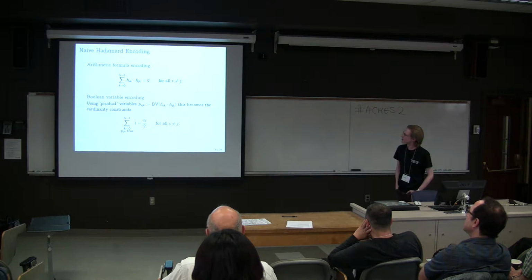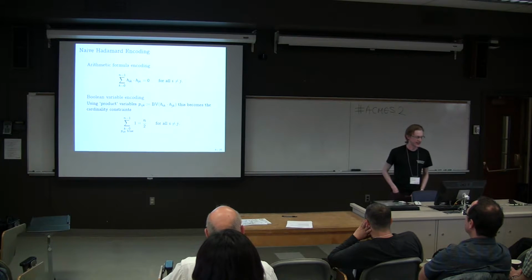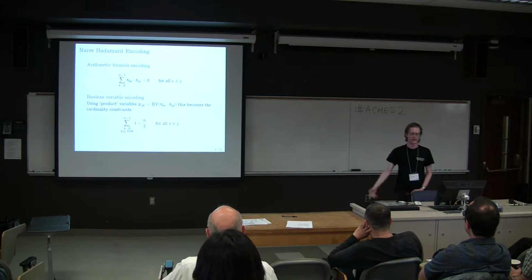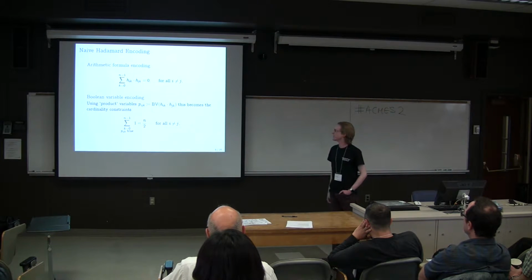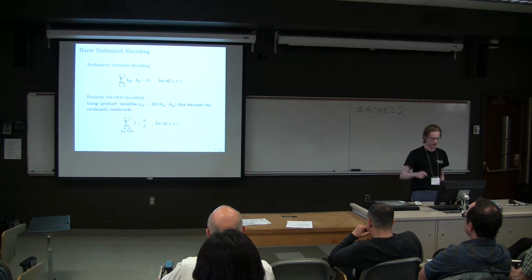We have n terms in the sum, and if they go to 0, exactly half of them are 1 and exactly half are negative 1, because they have to cancel off. So half of the Pijks are true and half of them are false. Written as a cardinality constraint, at the bottom here, you're saying n over 2 of the Pijks are true. This is what we're going to encode in SAT.